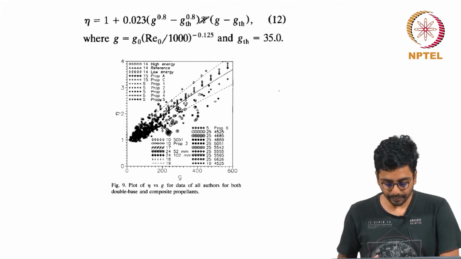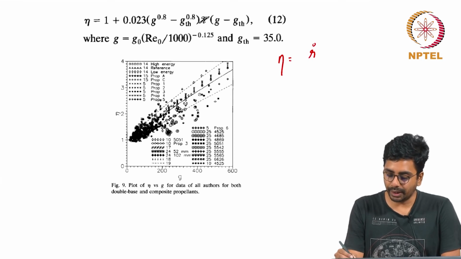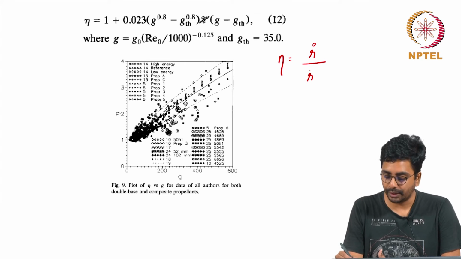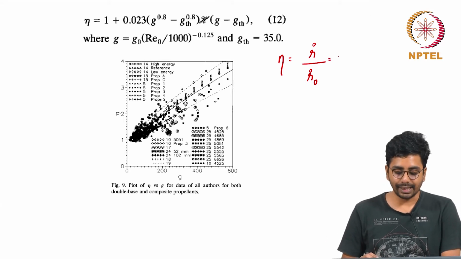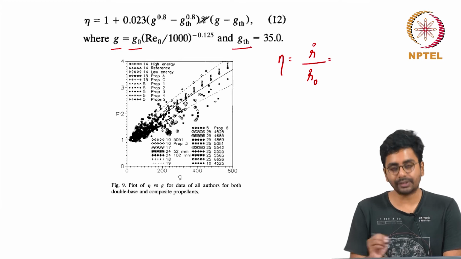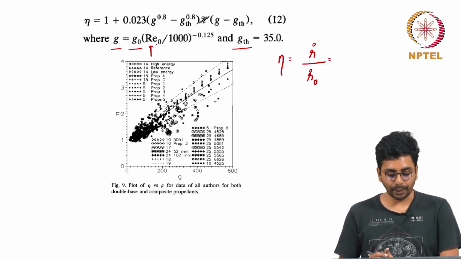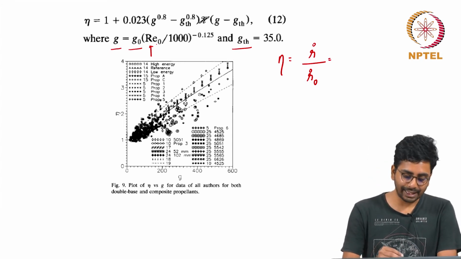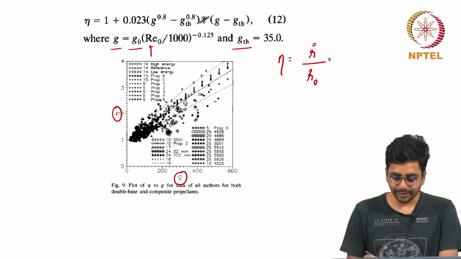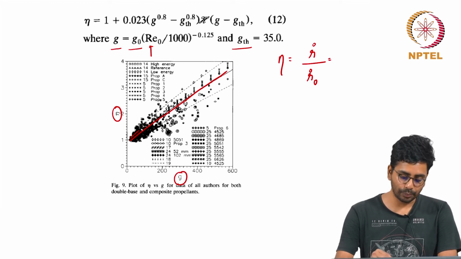The key idea is that when eta, which is the burn rate including the effect of erosive burning divided by the intrinsic burn rate, is expressed in non-dimensional form as a function of the non-dimensional port mass flux and the Reynolds number, irrespective of the type of propellant, whether a particular composition is composite or double base, all data when expressed as eta versus G, the non-dimensional port mass flux, falls within a very narrow band. That is what is shown here.